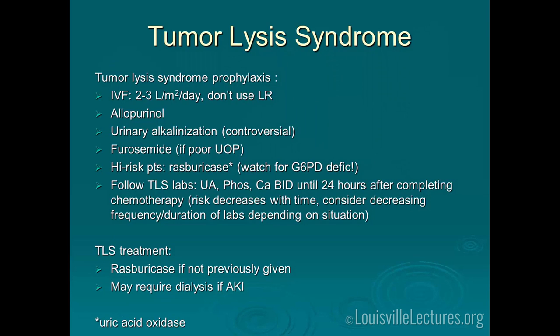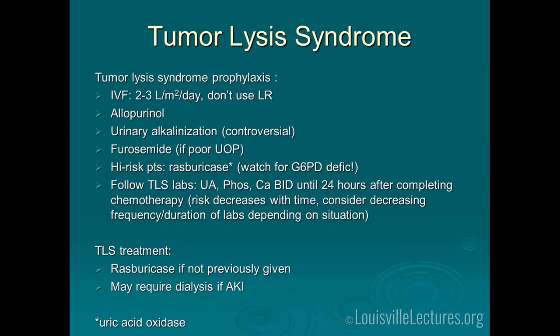Some physicians will recommend urinary alkalinization. This is controversial. There are some practitioners who believe that urinary alkalinization does not help with the excretion of some of the compounds that need to get out and might, in some cases, impact chemo clearance, although for some drugs, alkalinization helps with chemo clearance. But it is not universal, and I don't think that you need to alkalinize the majority of patients that come your way.